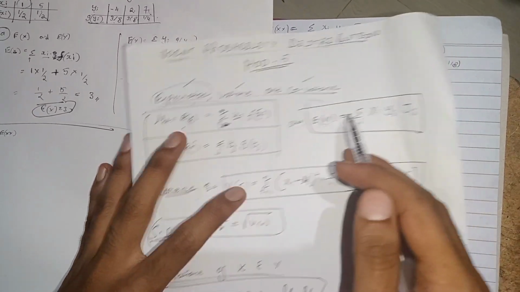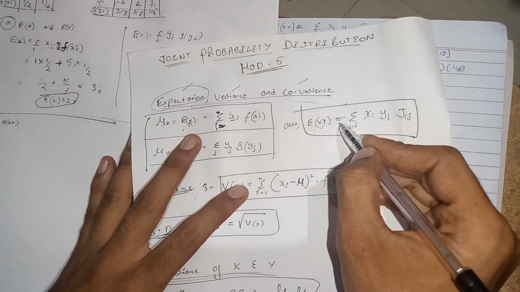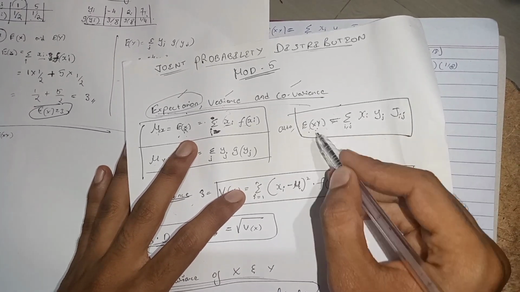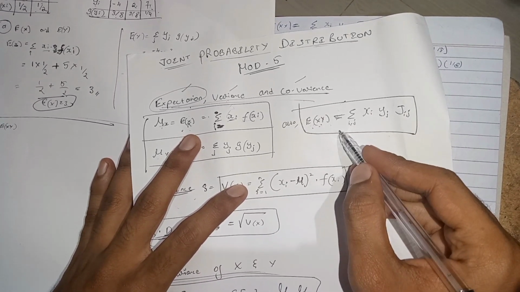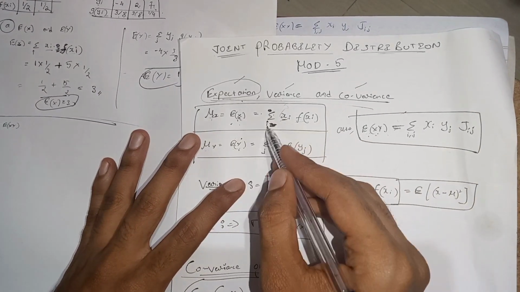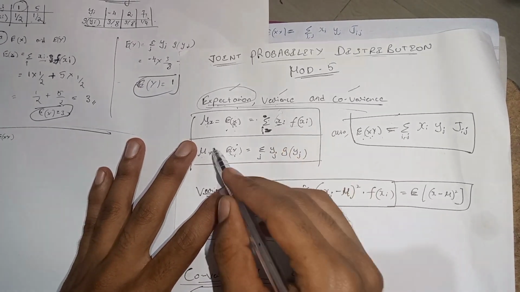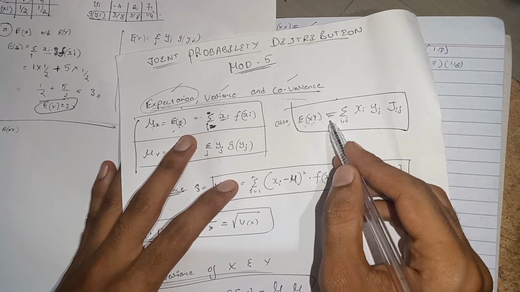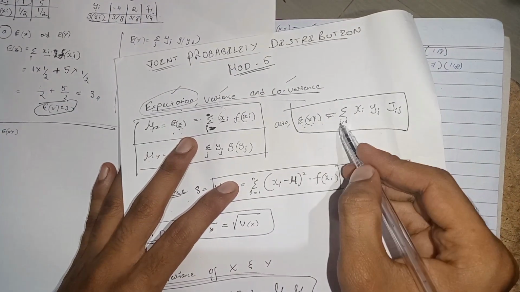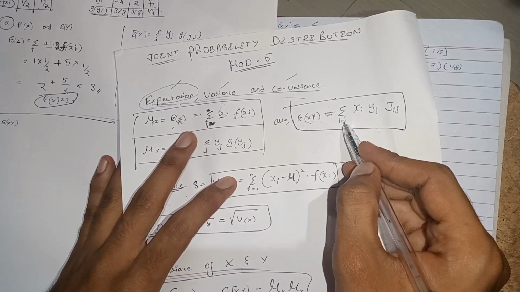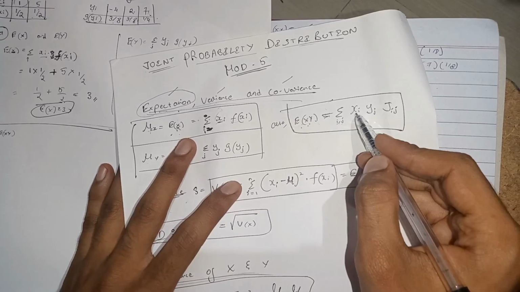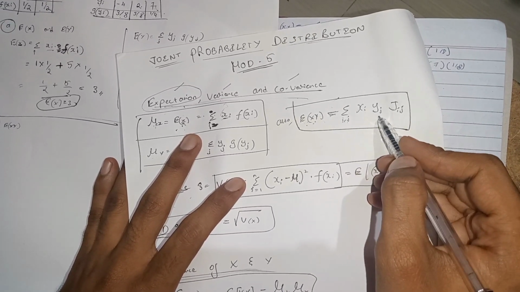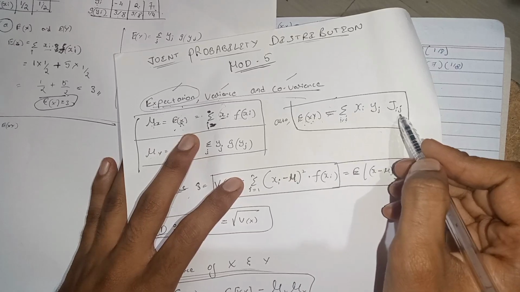Now we have its formula. In E of x we took i, and in E of y we took j, and here E of xy is equal to the summation over i comma j of xi into yj into capital Pij.